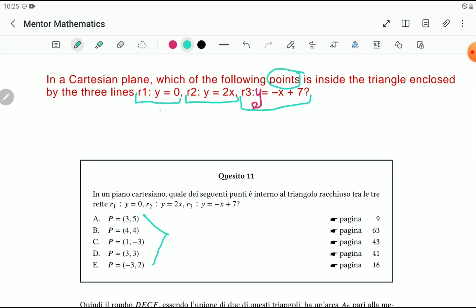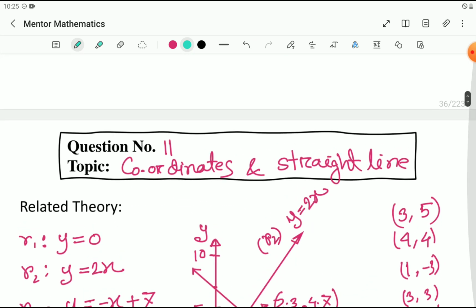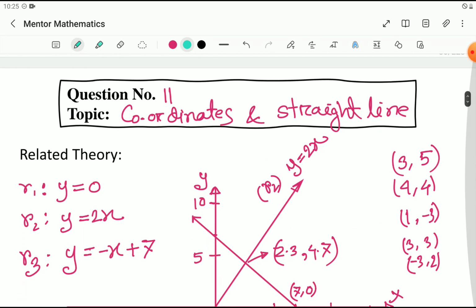So these three lines actually make a triangle like this, and we have to find out among these 5 points which one is inside the triangle. So we have to find that point. We'll try to understand now.